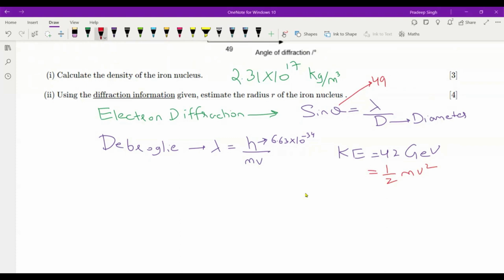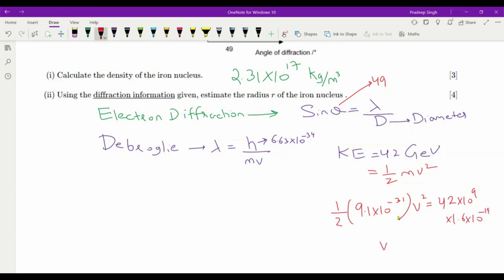Okay, let me solve. What is m? It's 56 into no, no. This is electron diffraction. Electron is being diffracted. So m is the mass of an electron. Oh, right. So it is 9.1 into 10 to the power minus 31 kilograms. 42 giga electron volts.